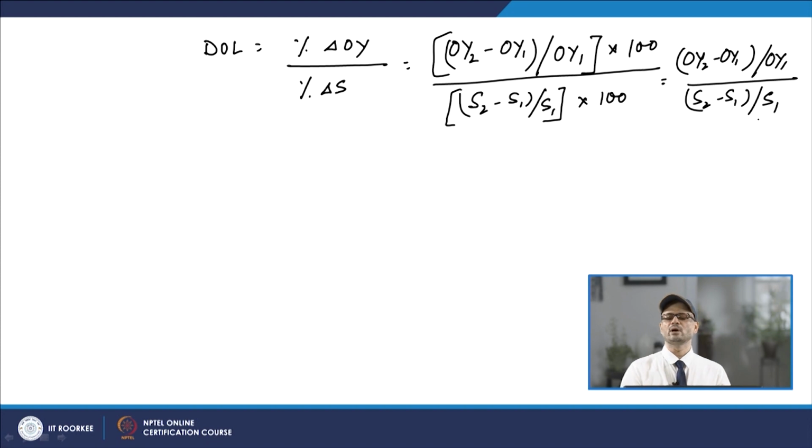Now, how to understand its meaning? That can be understood with the help of an example.